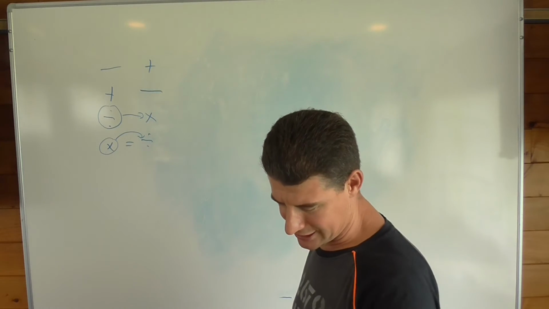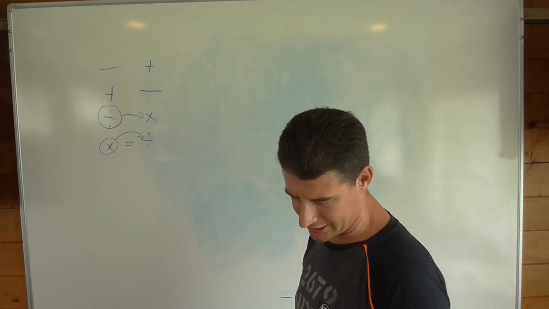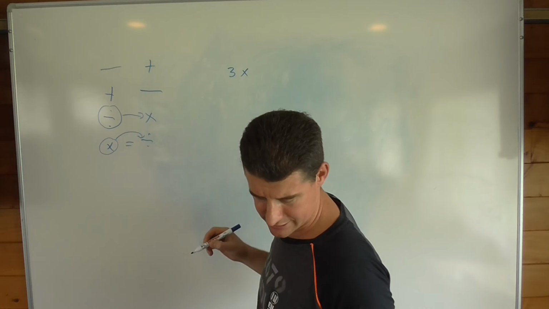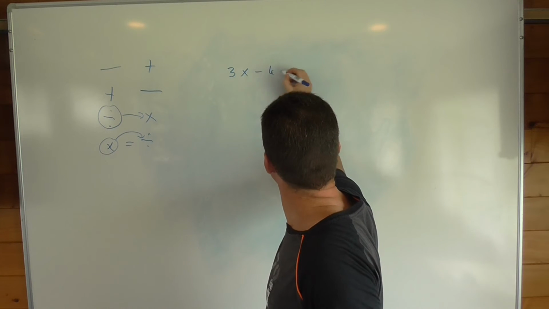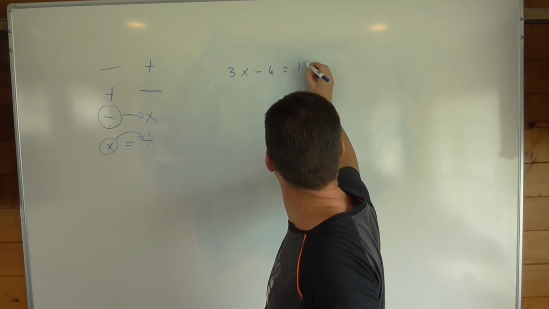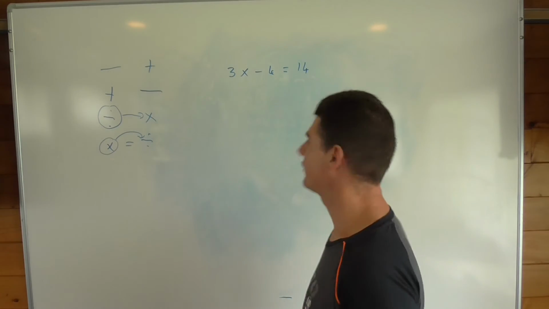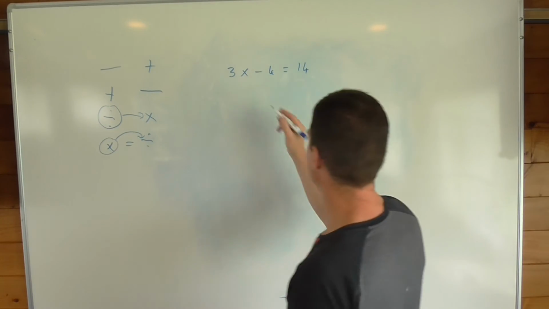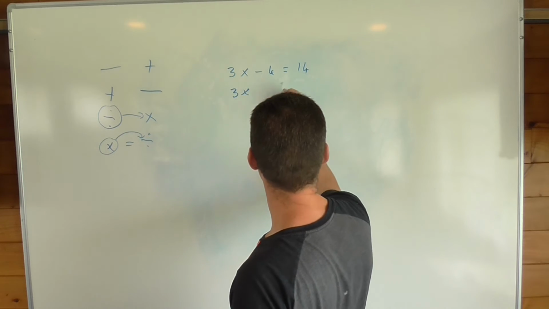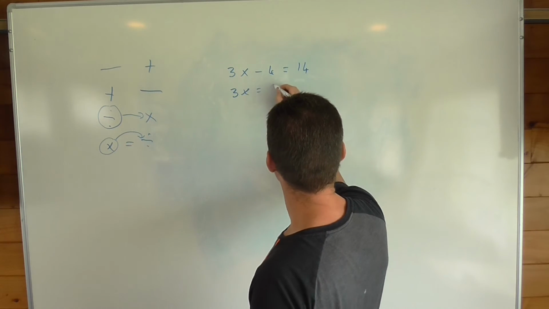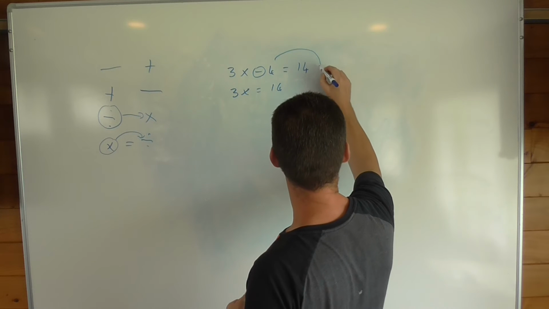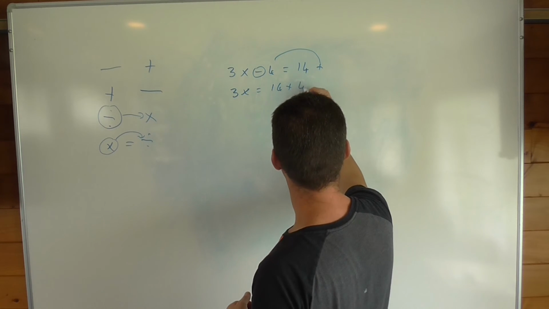Okay, so let's look at learning example 7D. It is 3x minus 4 equals 14. Okay, 3x minus 4. Once again, you need to get your variable, your x, alone on one side. So 3x, so we move the 4 that side. So that'll become 14. The minus becomes a plus 4.